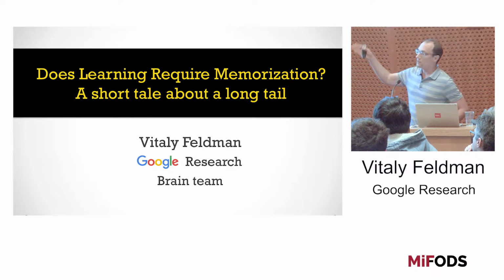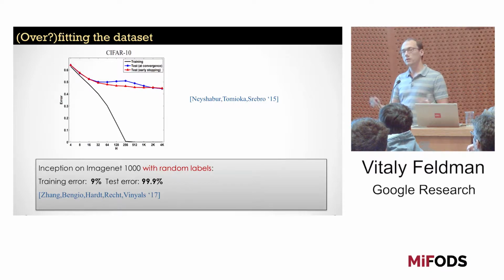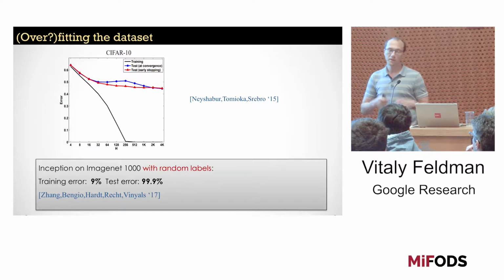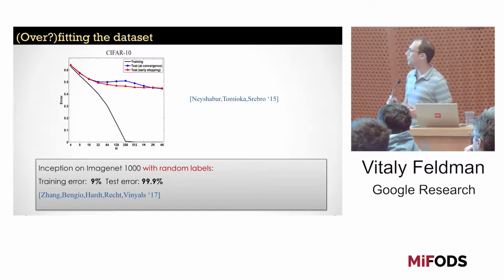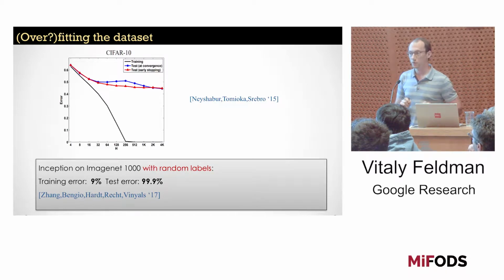This kind of tendency to memorize everything in the data set is likely to create models that leak more information about the user data, something that we often want to avoid, at least at Google. As a result, the question of whether you can still learn well but without memorizing is of practical importance. We don't want to be memorizing. Question, can we still achieve state-of-the-art performance or not?